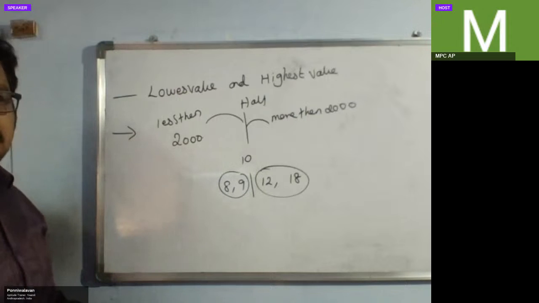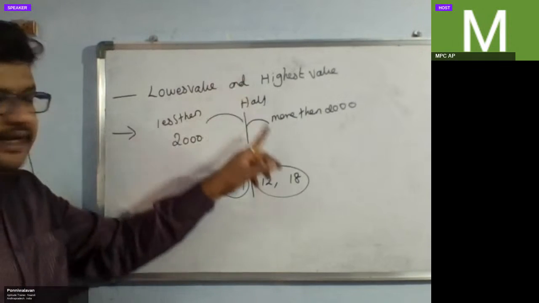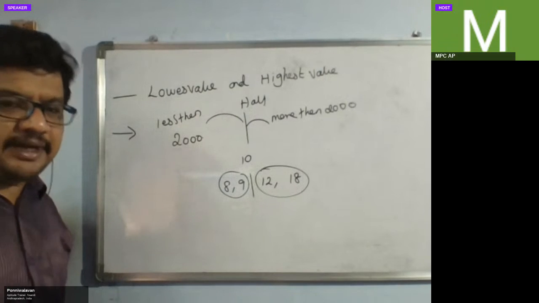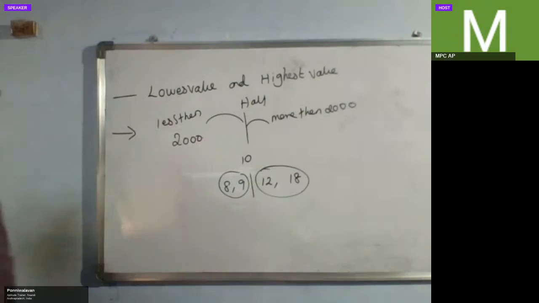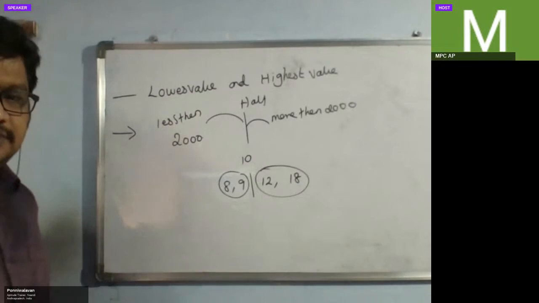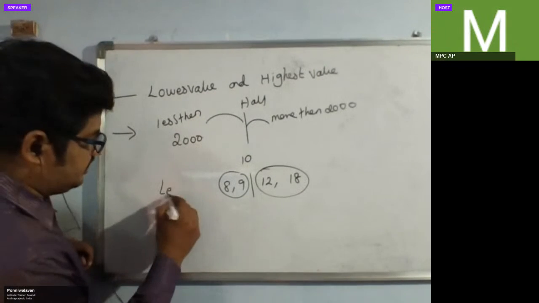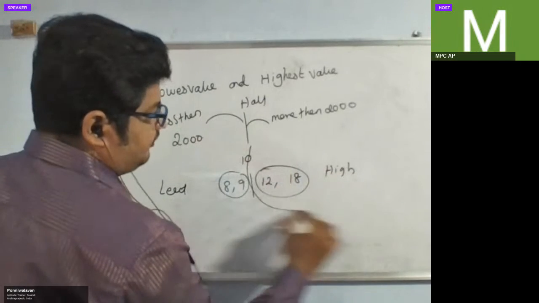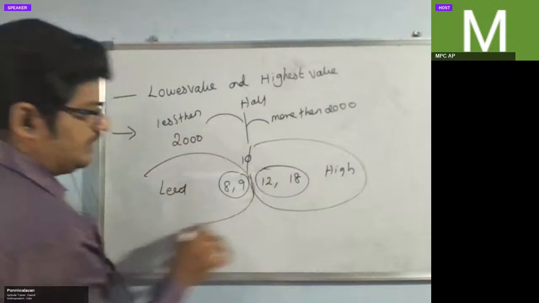No. So if you combine these two, are you getting enough data? We got the least number, we got the highest number, and half of them are more, half of them are less than 2000.